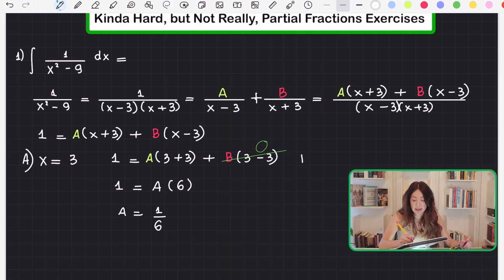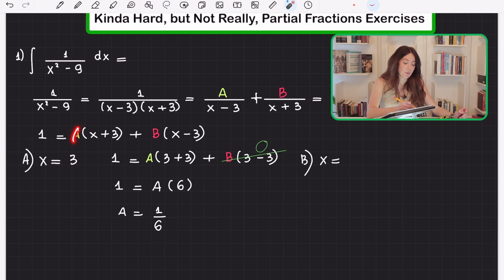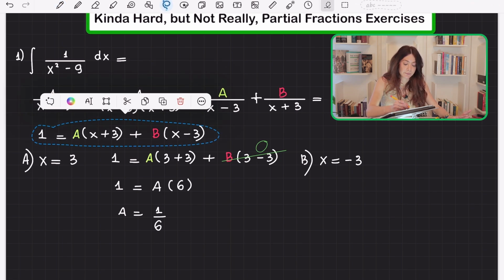Okay. And now finding b. Now let x be... let's see what will get rid of this. If this was -3, a term goes away and I can focus on finding b. So let me just for a minute allow x to be -3.